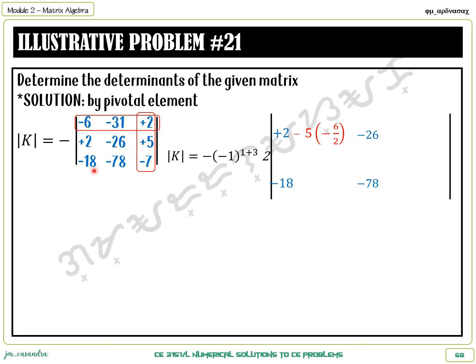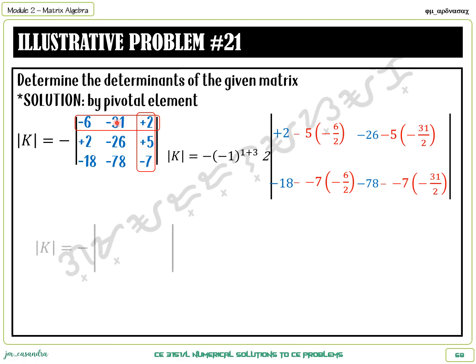Then for 18, that will be negative 7 multiplied to negative 6 divided by 2. So let's move to the next element. So that is negative 26 multiplied to 5 times negative 31 divided by 2. And then for negative 78, this will now become negative 7 times negative 31 divided by 2.